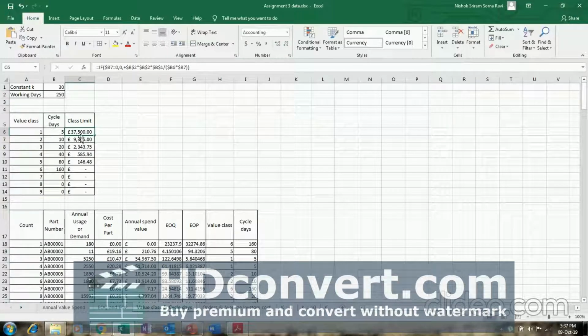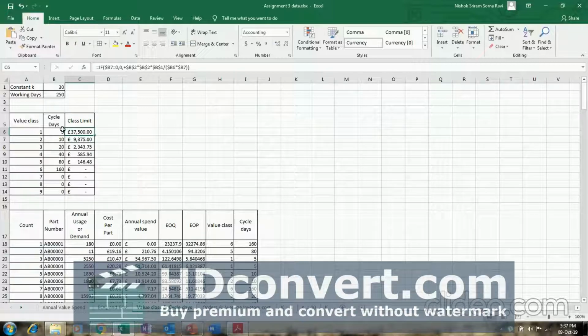So for any product which is below 37,500 to 9,375, it falls in class 2, with cycle days as 10, and so on for class 3, 4, 5.